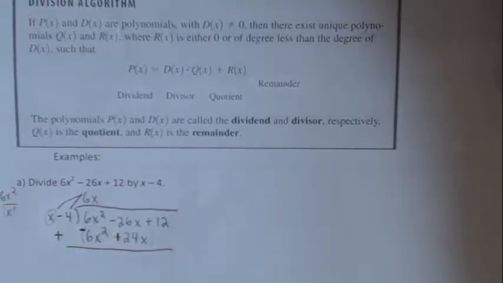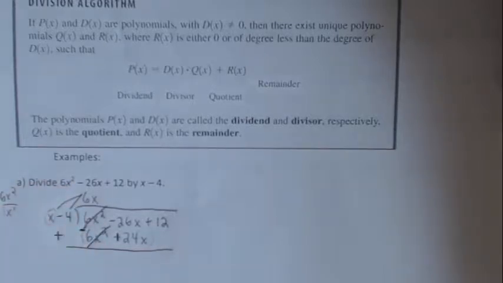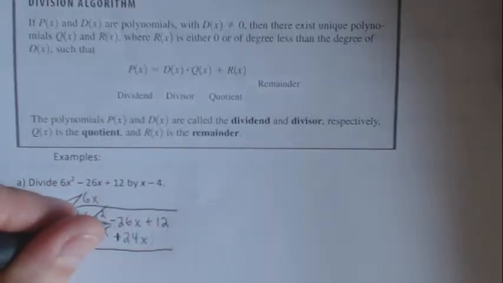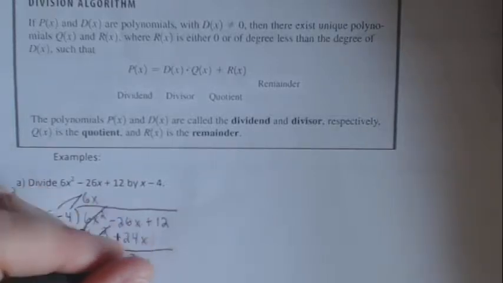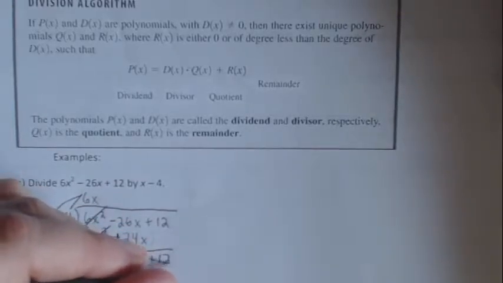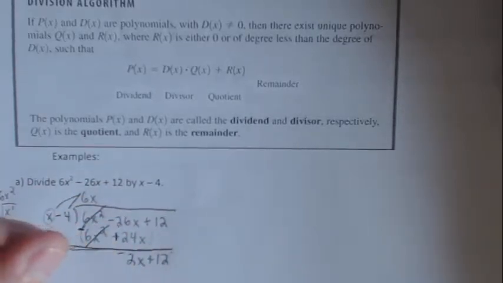I draw the line, change the signs, and now I'm adding, because subtraction is the same as adding the opposite. So 6x squared plus a negative 6x squared is gone. Negative 26x plus 24x is negative 2x, plus 12 plus 0 is 12. So you bring everything down underneath the line, and then you start over.